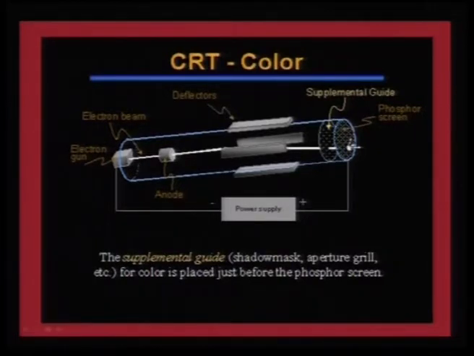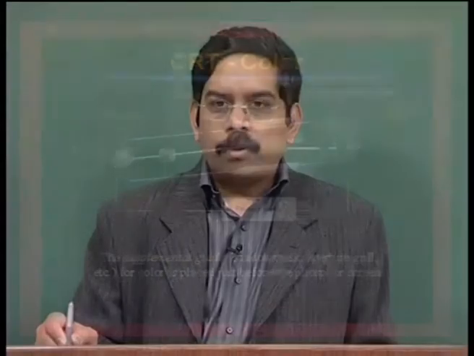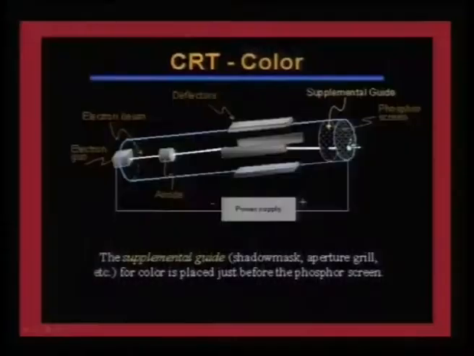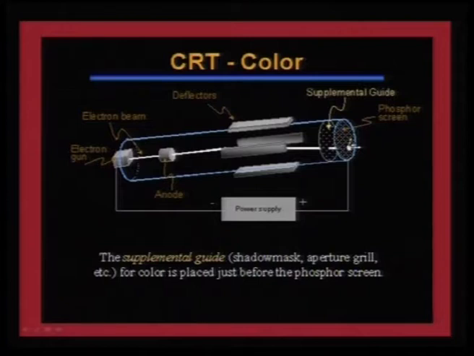Now, we can do one more thing. We can have a supplement guide in front of the phosphor screen, and in that case you will be able to even channelize through this supplement guide, which has lot of holes. You can channelize how this electron beam can selectively hit some of the phosphor material on the screen.